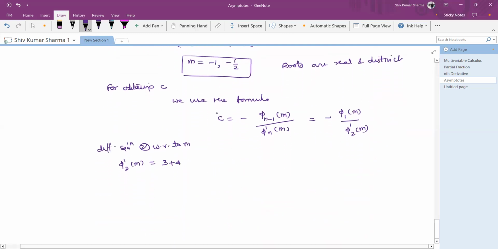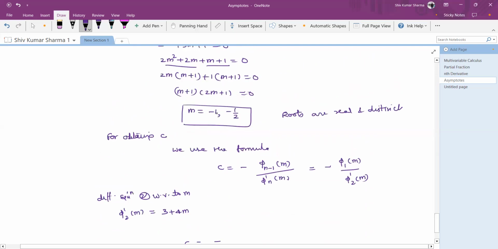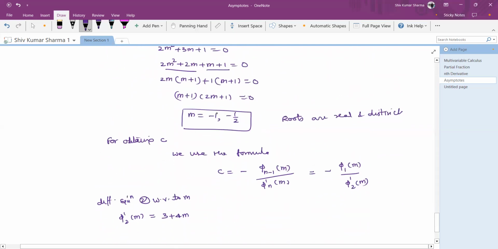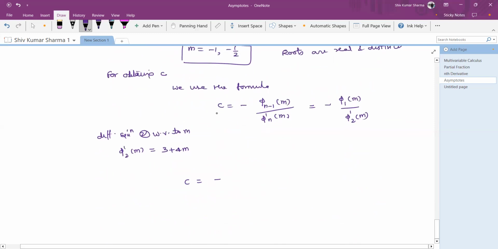Now we put the values. The value of phi 1m is 3 minus 2m, and phi 2 dash m is 3 plus 4m.